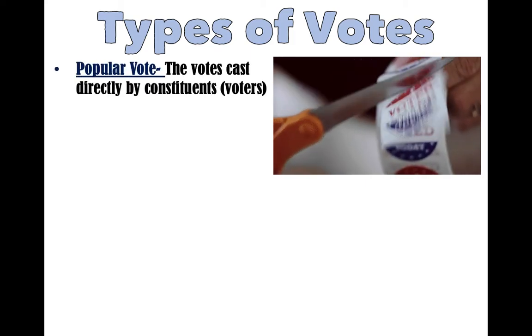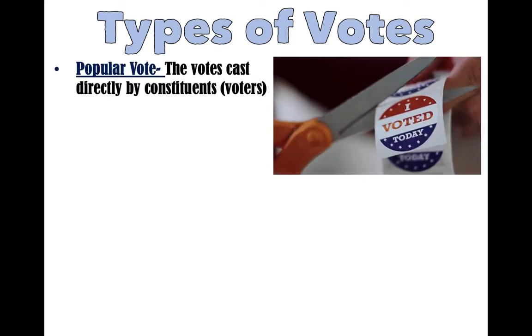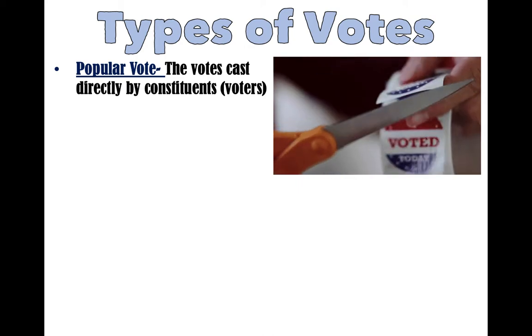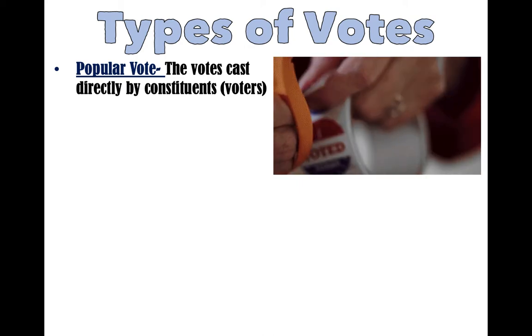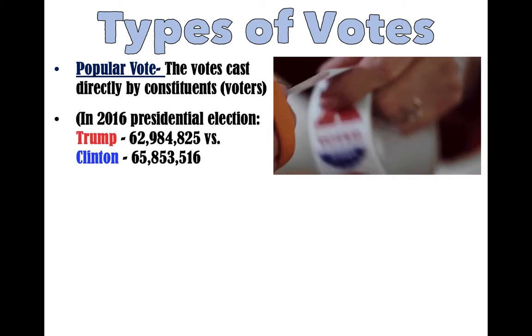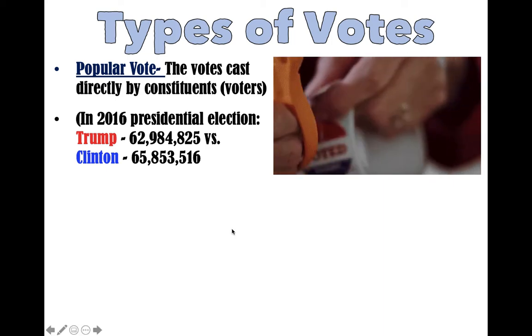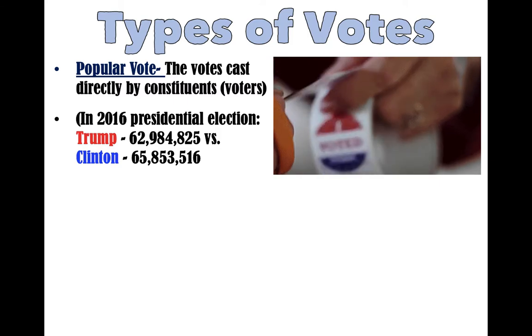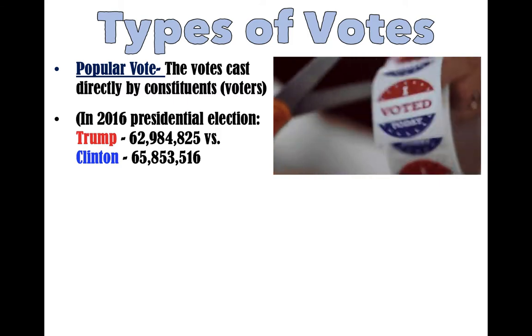Types of votes. This is where we're going to get into the difference between popular vote and electoral votes, especially when it comes to our presidential election. A popular vote is simply the amount of votes cast directly for an individual or a constituent. In the 2016 presidential election, as you can see, Hillary Clinton got almost 3 million more votes than Donald Trump.